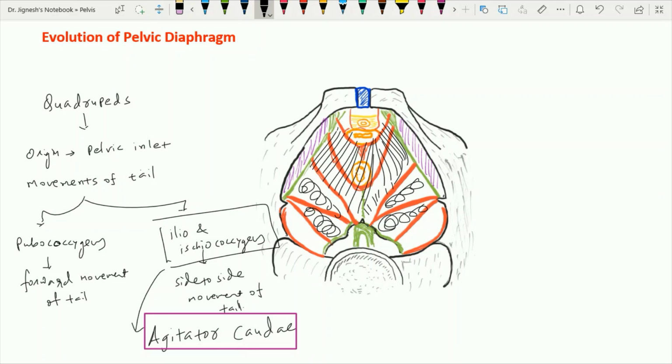And with this movement, along with the loss of the tail in human beings, these pelvic floor muscles are mainly responsible for the support of the viscera. Because of gravity, the viscera enter into the pelvic cavity, and thus the pubococcygeus and iliococcygeus are collectively called the levator ani, and the ischio-coccygeus muscle remains as the coccygeus itself.